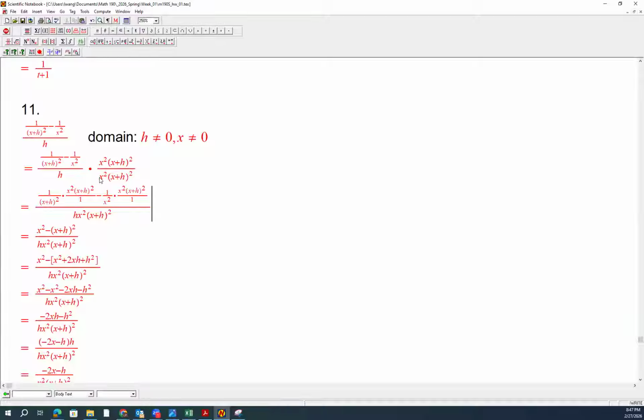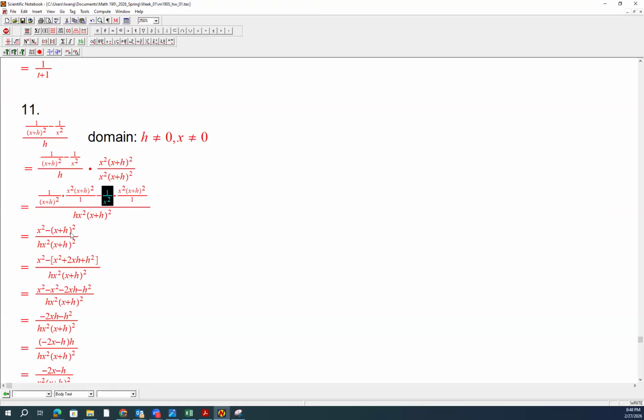And do not forget to multiply x squared times x plus h squared with the h. So we get to that part, okay? Reducing that piece, x plus h squared and x plus h squared will be reduced, so we get x squared left. On this part, the x squared will reduce with 1 over x squared.